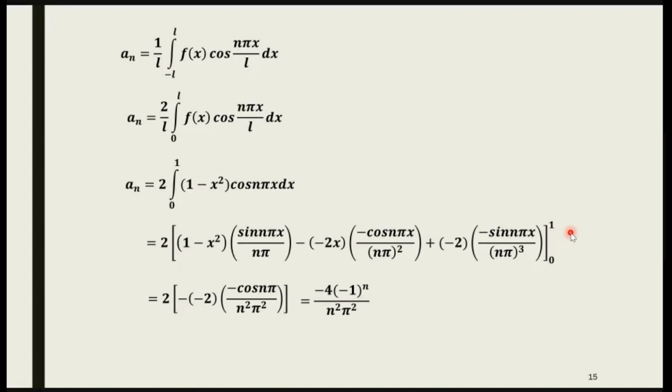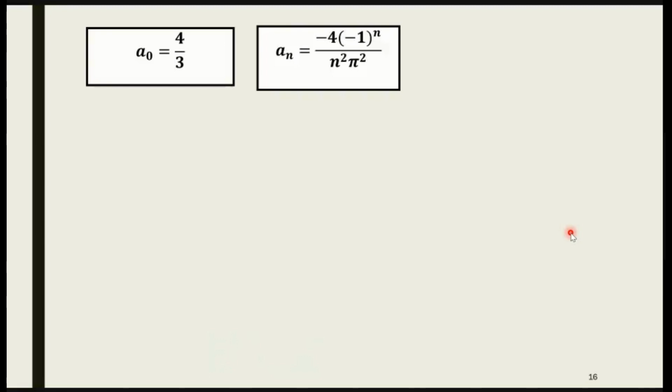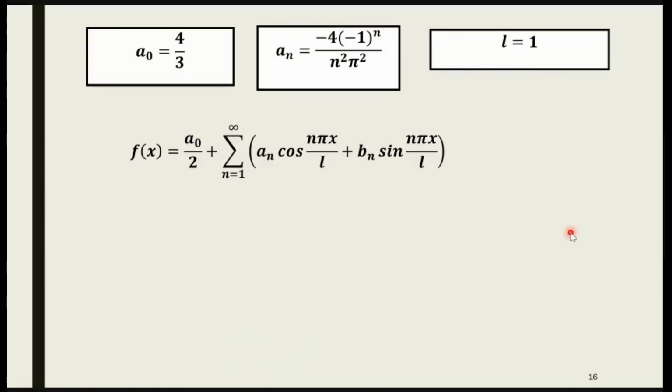We have got A0, we have got AN also. Substituting A0, AN and L in the final Fourier series. f of x is equal to. Substituting A0, AN and L in the Fourier series expansion.